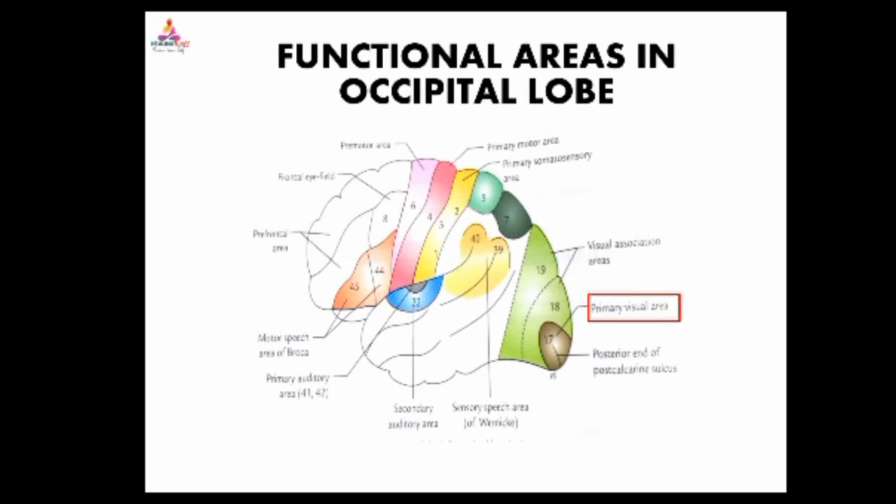Next is the primary visual area or striate area. That is the area 17. The primary visual area is situated in the walls and floor of the posterior part of the calcarine sulcus and may extend around the occipital pole onto the supralateral surface of the hemisphere.